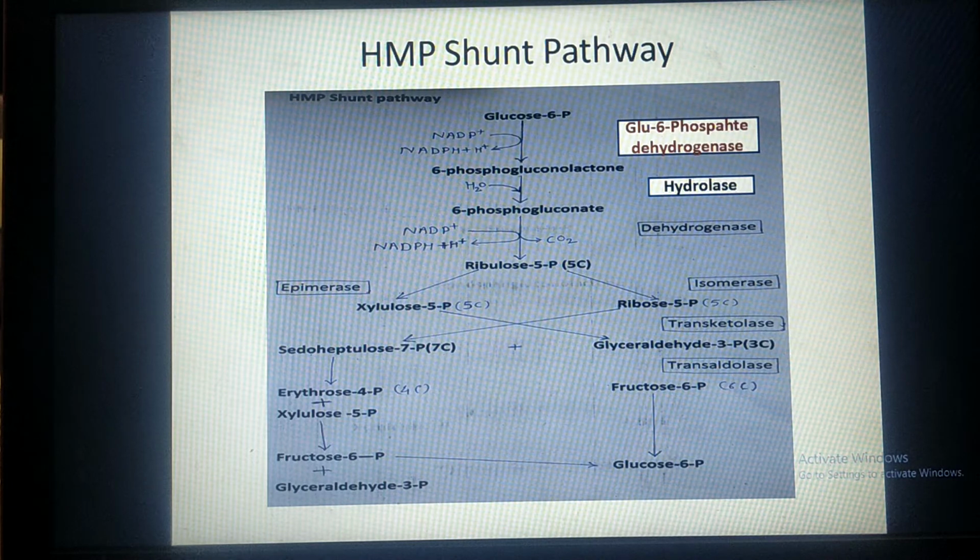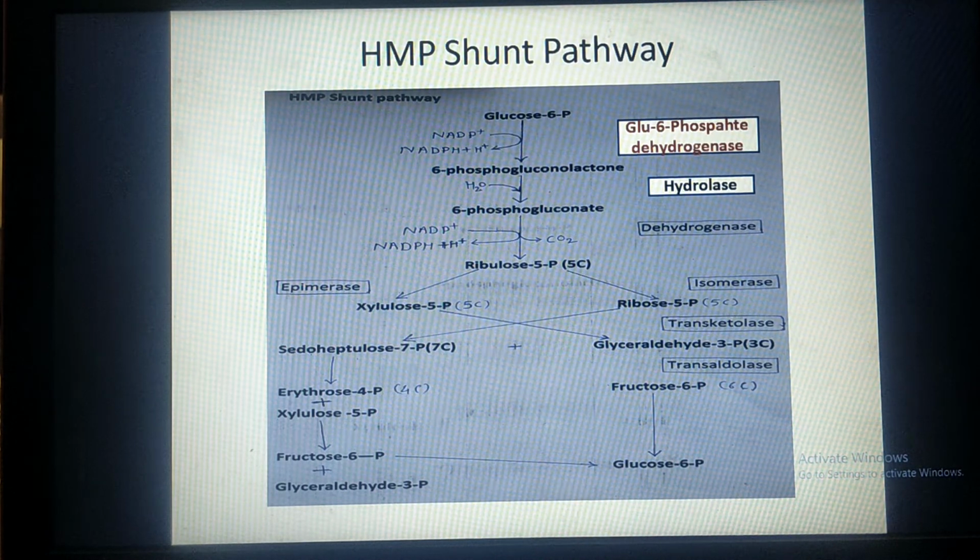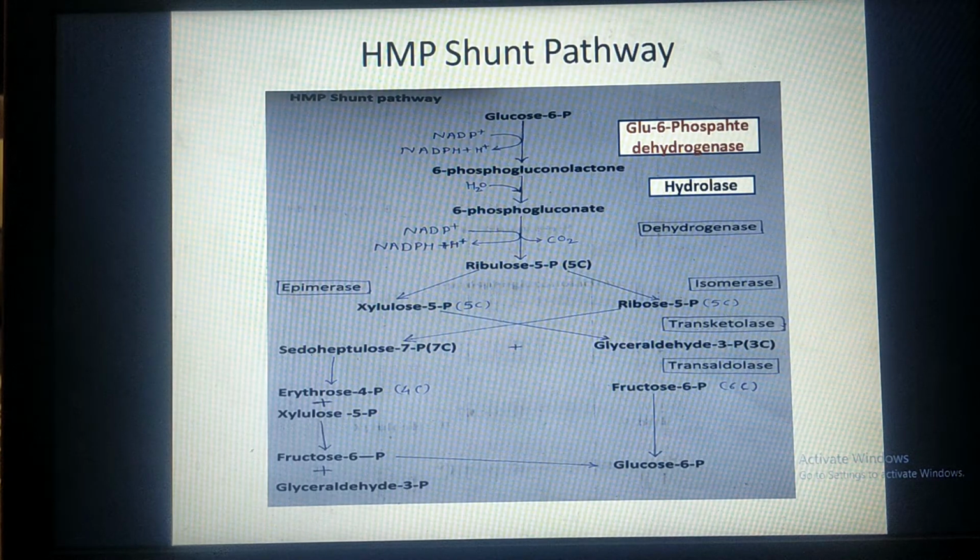Again the fructose 6-phosphate gets converted into glucose 6-phosphate, and the glyceraldehyde 3-phosphate which remains here combines with the glyceraldehyde 3-phosphate of another pathway. That means here again a fourth pathway is involved, with 2 molecules of glyceraldehyde 3-phosphate, means 3 plus 3 sugar combines to form 6 carbon fructose 6-phosphate which gets ultimately converted into glucose 6-phosphate. So this is a little bit difficult to remember.